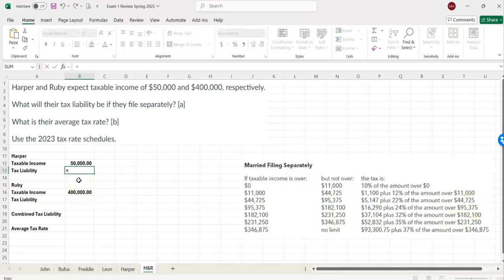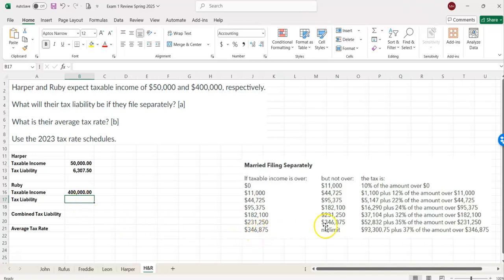So equals 5147 plus 0.22 times his taxable income minus the $44,725. The tax liability is $6,307.50.